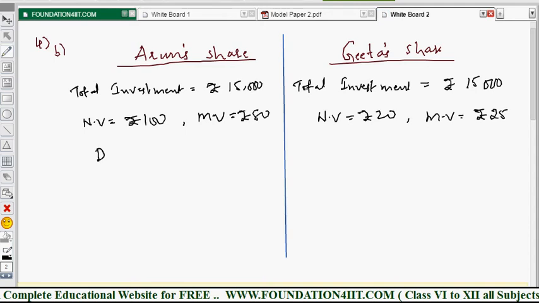Then dividend is 16%. So here we don't know Geeta's dividend. So let dividend be X percentage. So finally we need to find out the value of X only, right?